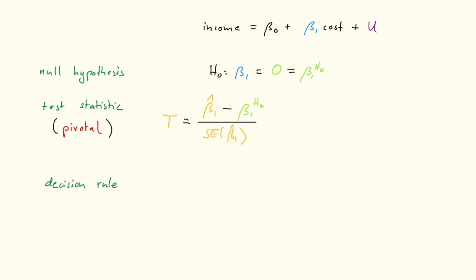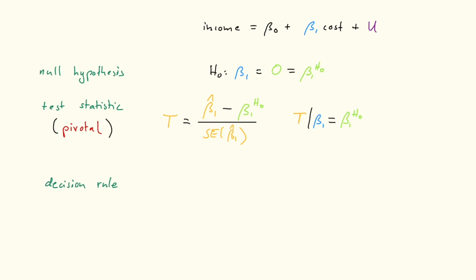A test statistic being pivotal means that we can completely describe its behavior if the null hypothesis is true. What is the distribution of the t-statistic if our null hypothesis is true? If the null hypothesis is true, then the true value is identical to the hypothesized value, which means here we can just replace the hypothesized value by the true value, beta 1.